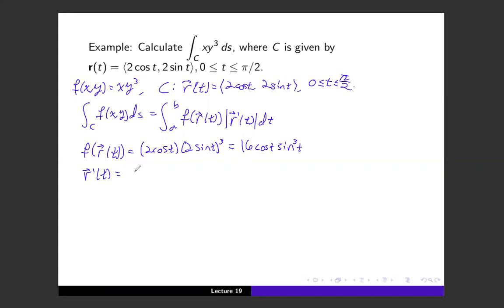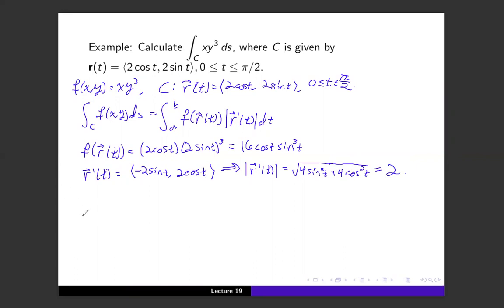For that, we need to know r prime itself, and r prime is going to be negative 2 sine t, 2 cosine t. So the magnitude of r prime of t is going to be the square root of 4 sine squared t plus 4 cosine squared t. And under that square root, that's just going to eventually become 2.